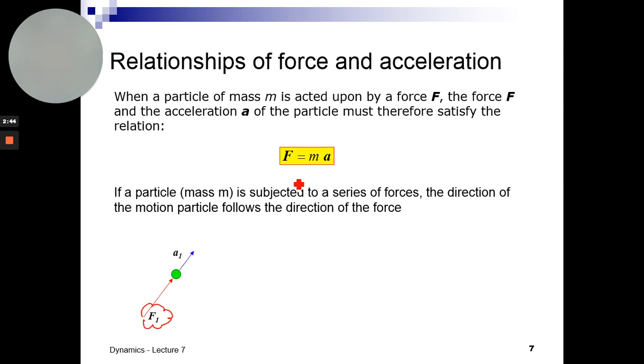So of course the particle will have an acceleration in the same direction as the external force.